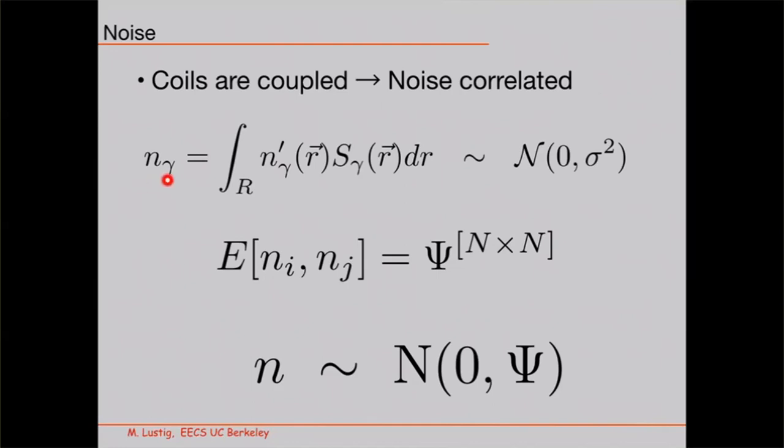So normally N sub gamma is going to be normally distributed with zero mean and sigma square variance. That's great, but there's actually a covariance matrix when you image with multiple channels. Because if you look at the expectation between noise in coil I and noise in coil J, it might not be zero.